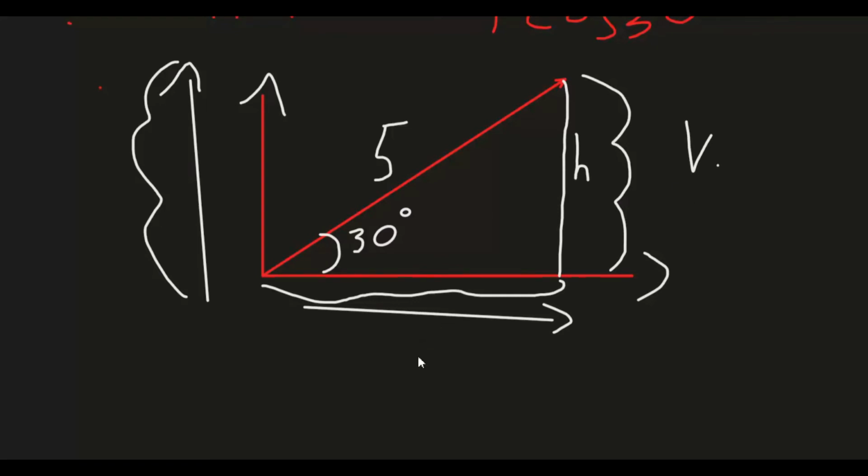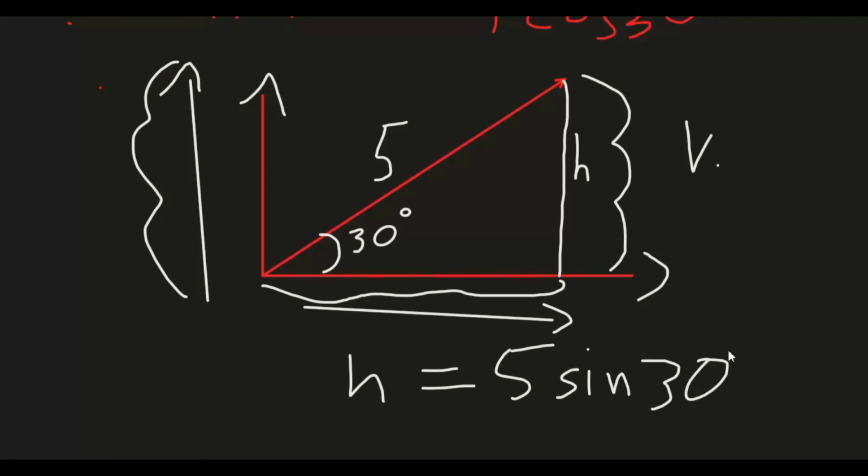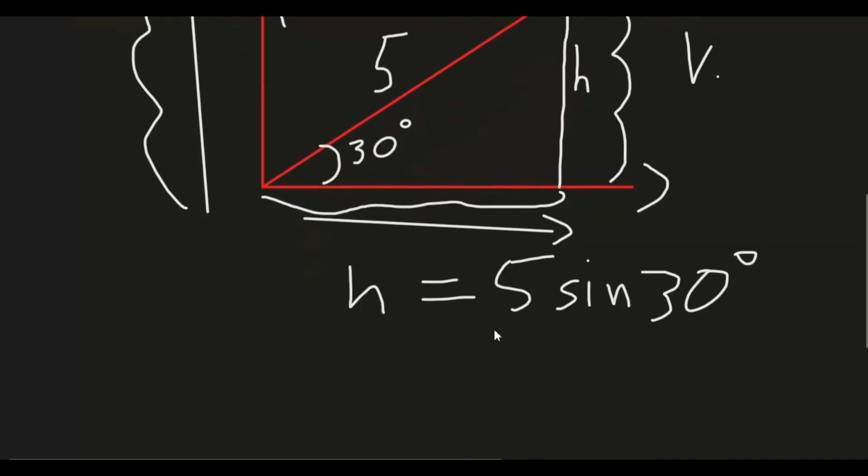So to find it, we write height equals to 5 sine 30, right? It's typical trigonometry, right? And to find out this distance or this magnitude, we use cos, right?